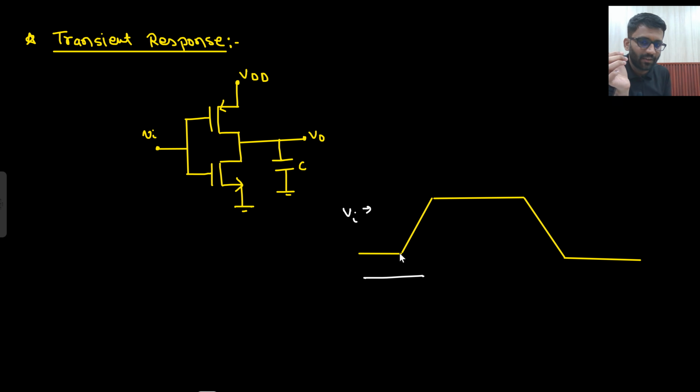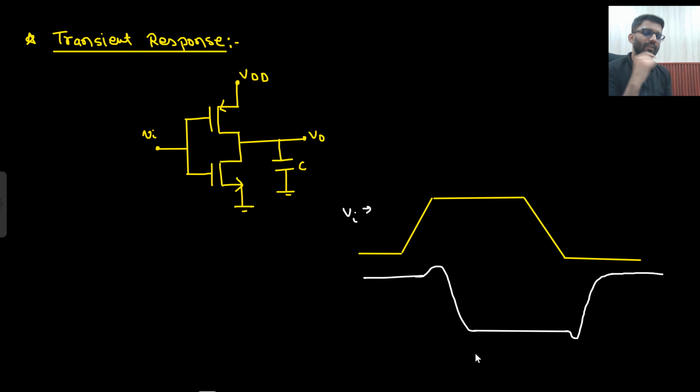What they would see is that if you give the input waveform with a finite rise time and fall time, it will go like this. And then when it rises up, it will go down a bit, and then it will be rising up. This is what you must have observed.